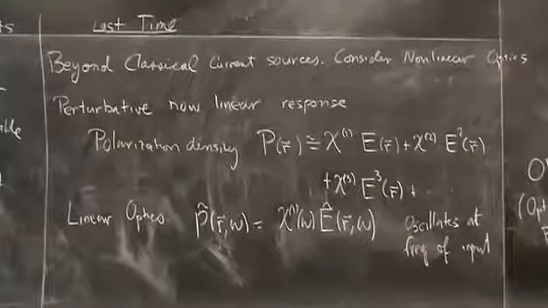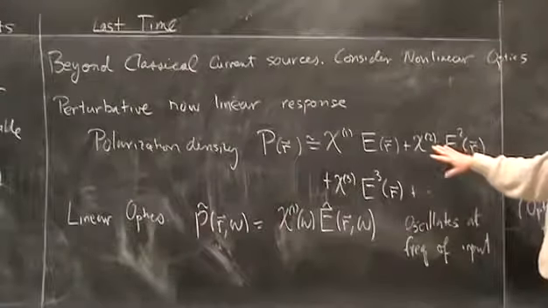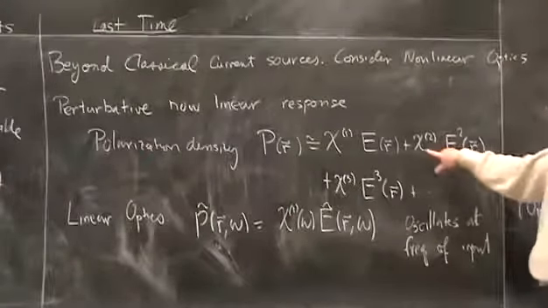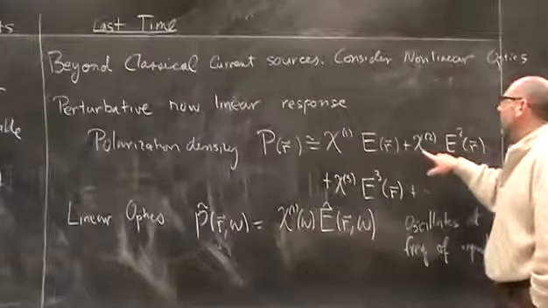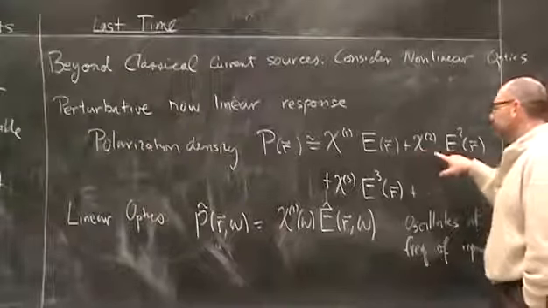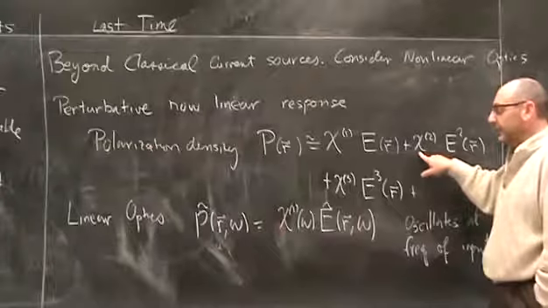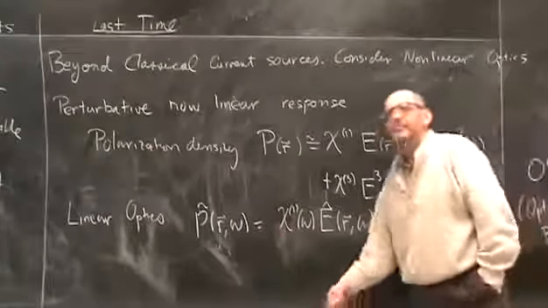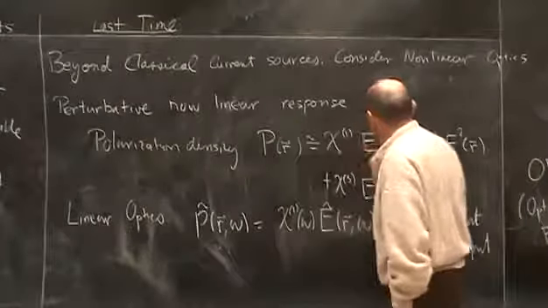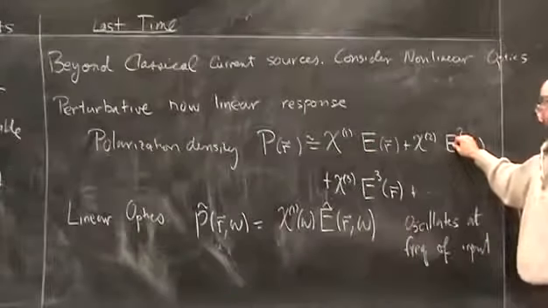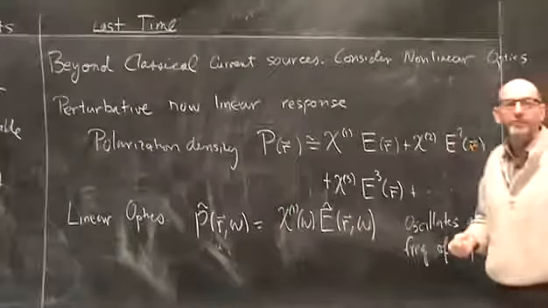Now it turns out that for reasons that are not clear in the way I've written it, chi2, although it would be the first nonlinear effect, requires materials that can't be inversion symmetric. There's a parity symmetry because really this is a vector, and there are two vectors here. So if we have inversion symmetry, this is not going to fly.